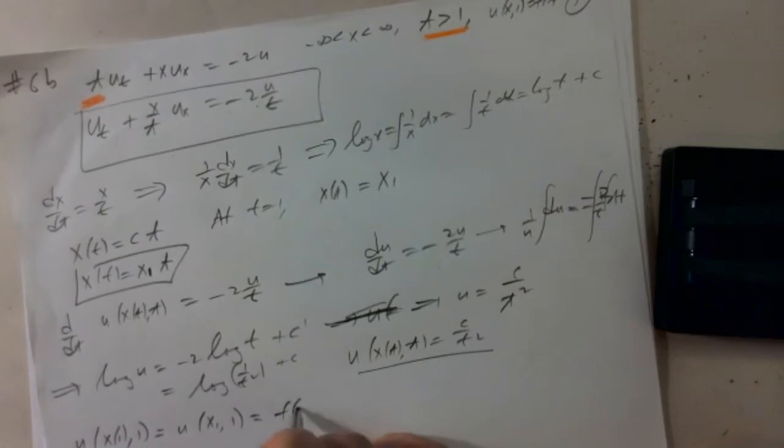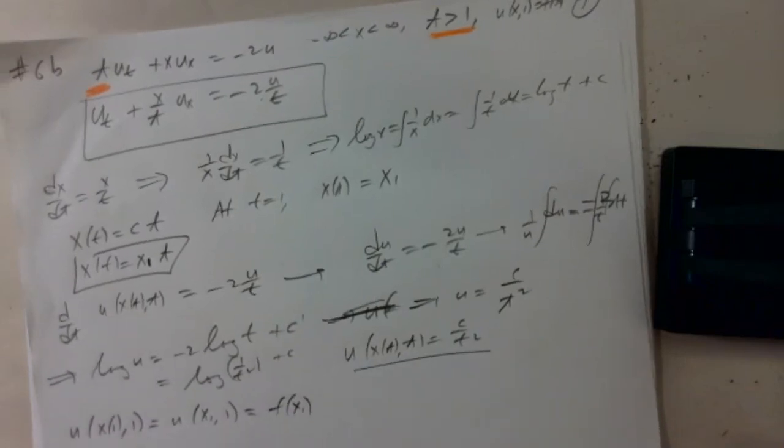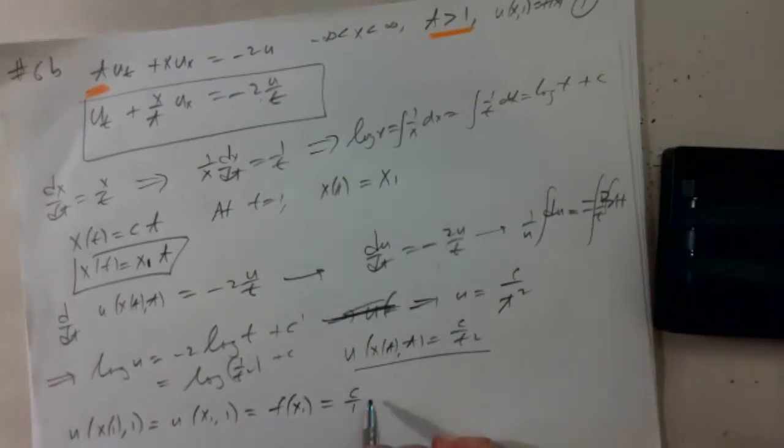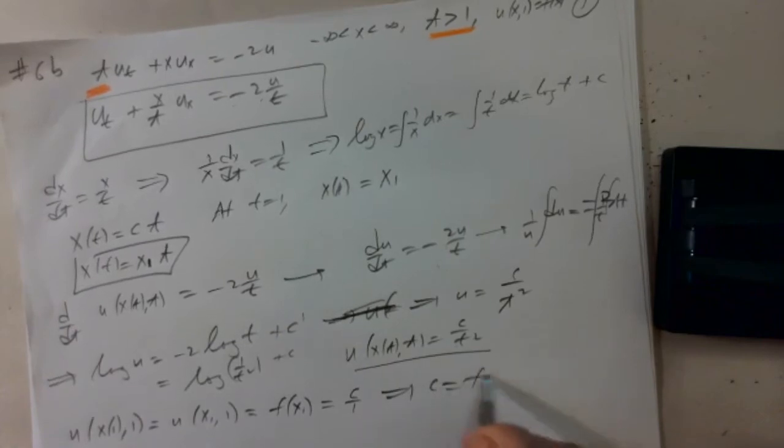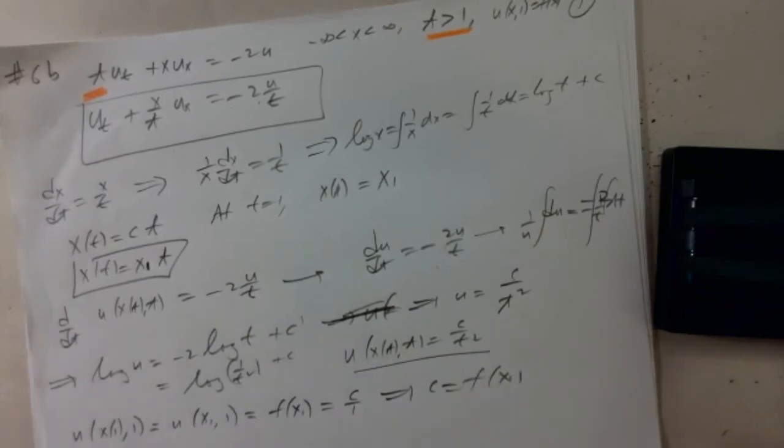This is f of x1. Equals c over 1. c is equal to f of x1.